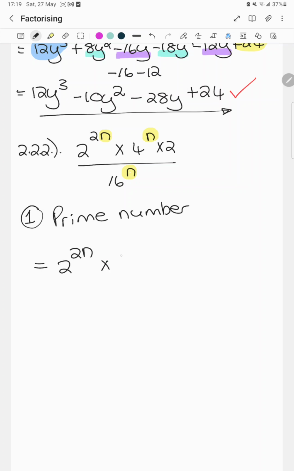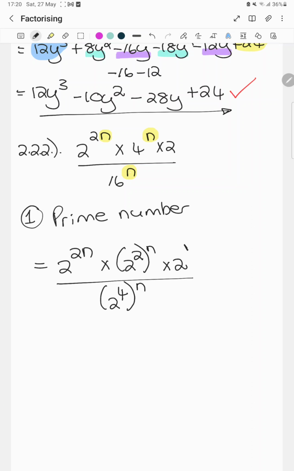Then 4 we can change to 2 to the power of 2. We can just put our 1 there to remind us that it does have an exponent. And then we go to our denominator, 16. Once again, we try to get the prime number. We know that 16 can be converted into 2 to the power of 4, and remember your exponent.